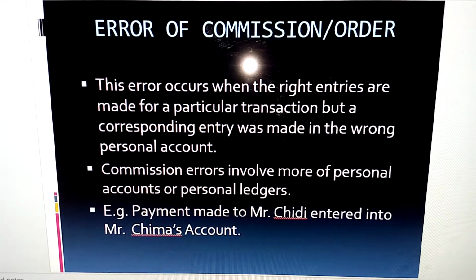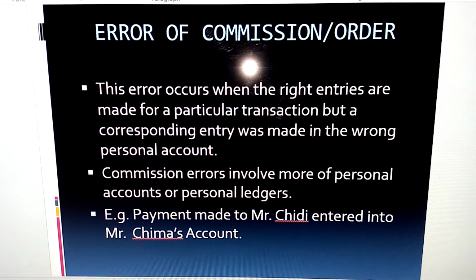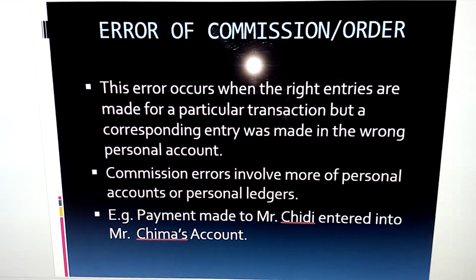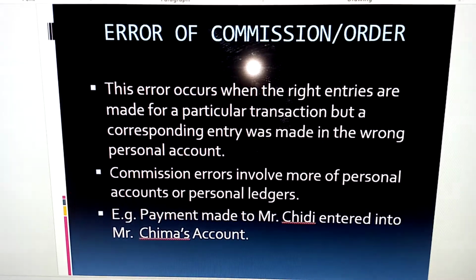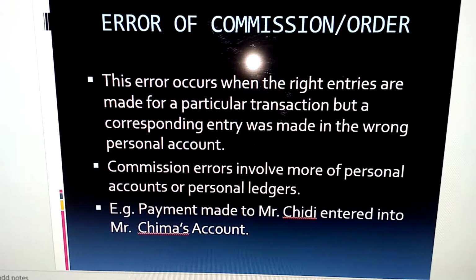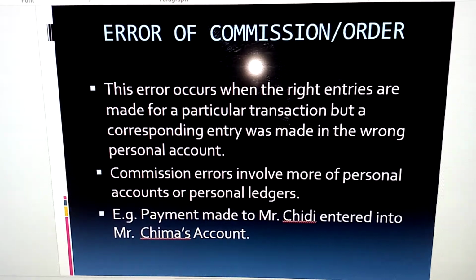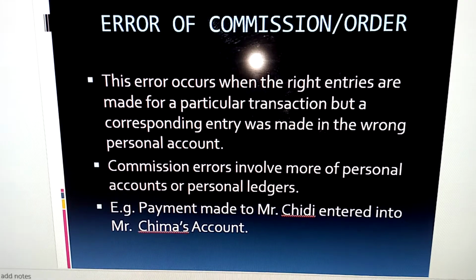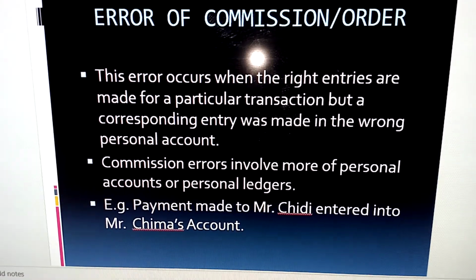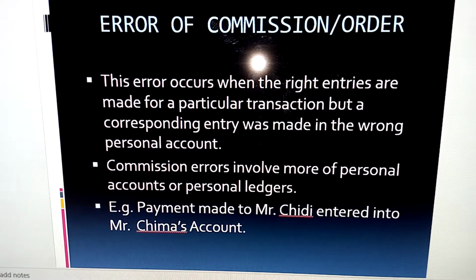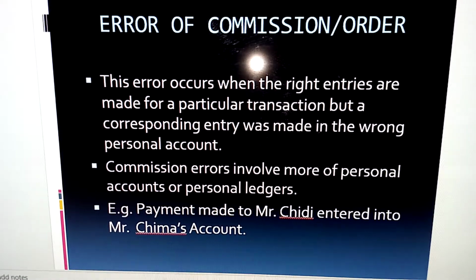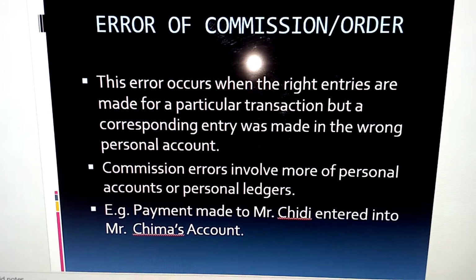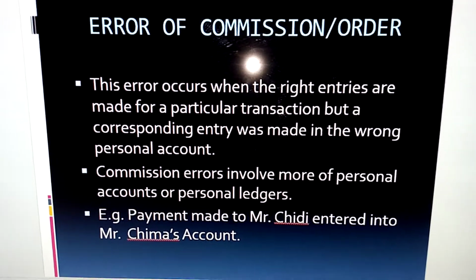For instance, payment made to Mr. Chidi entered into Mr. Chima's account. The error committed here is that instead of recording into Mr. Chidi's account, we recorded into Mr. Chima's account. So there has to be personal accounts here. Such error is called error of commission or error of what? Order.